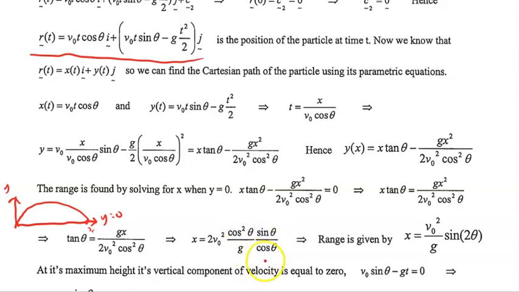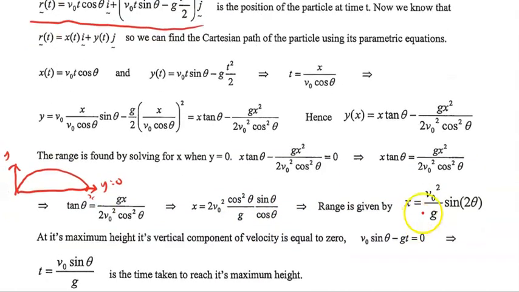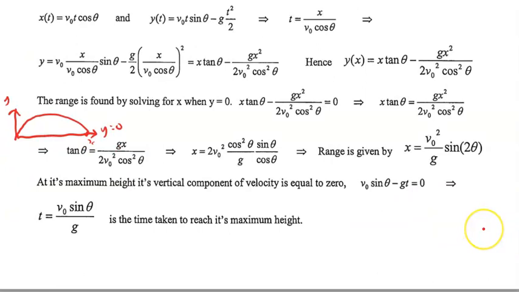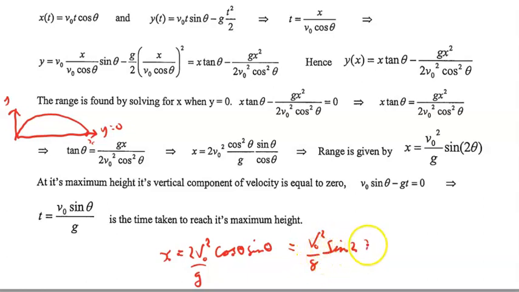We're then left with, and I certainly wish I'd left myself more room to do that, but if I come down to the page down here, x is equal to 2 v0 squared cos theta sine theta, all over g. Now, that 2 cos theta sine theta is just equal to v0 squared on g times sine of 2 theta.